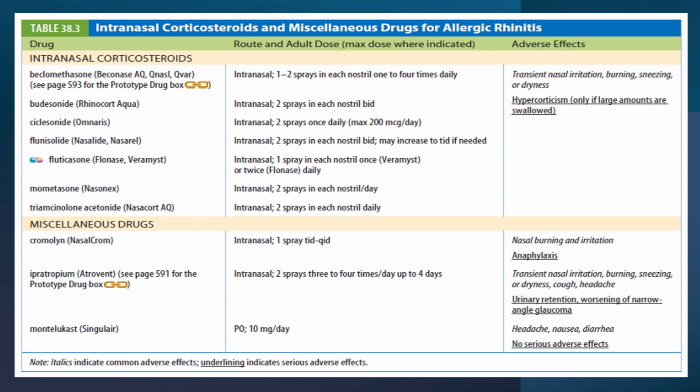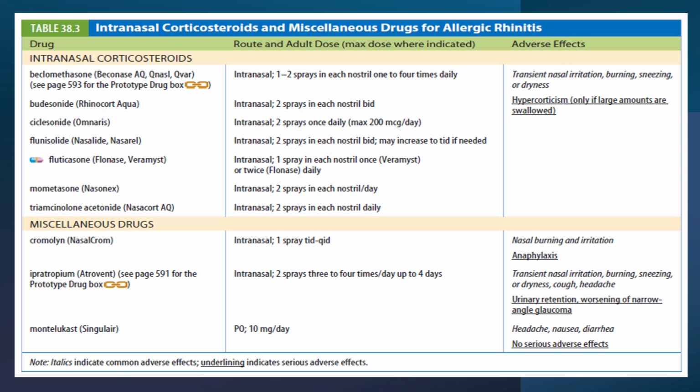For example, intranasal cromolyn. This is approved as an OTC drug, and this is used for the treatment of allergy and cold symptoms. Because it inhibits the release of histamine from mast cells, cromolyn is called a mast cell stabilizer.